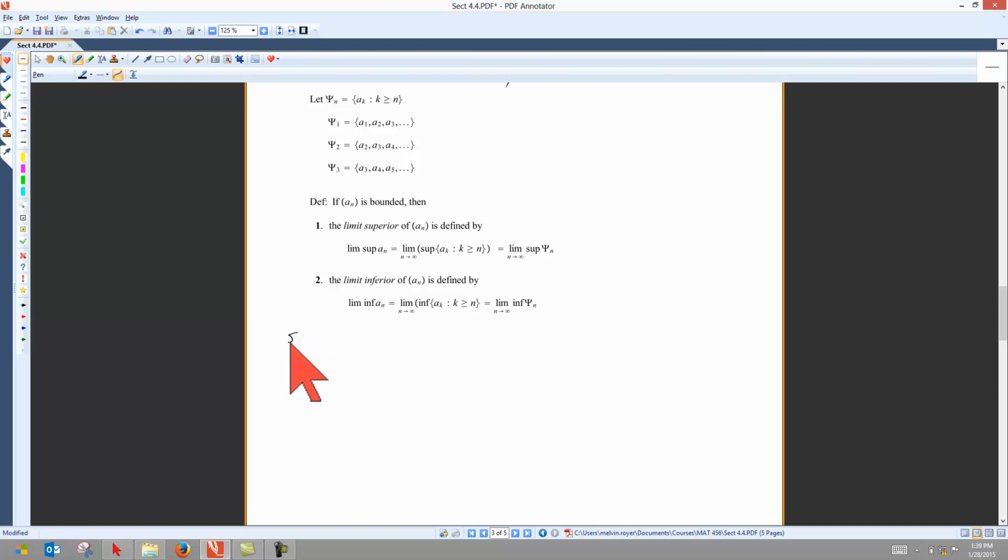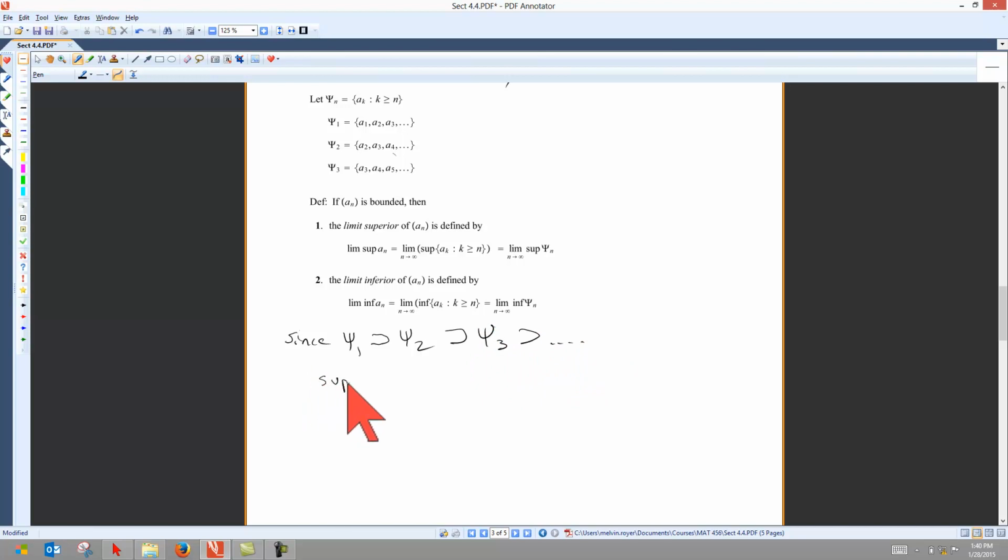Let's note, first of all, that there is a containment to this. Everything that's in psi 2 was also in psi 1, although not the other way around. Everything in psi 3 was also in psi 2, which was also in psi 1. So psi 1, the set, contains set psi 2, contains set psi 3, contains forever.